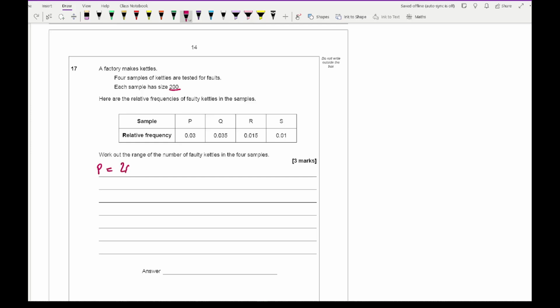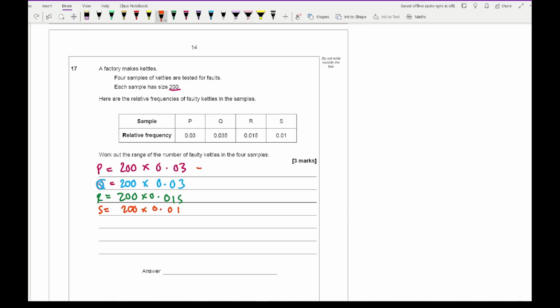So for P, it's going to be 200 times 0.03. For Q, it's going to be 200 times 0.035. For R, it's going to be 200 times 0.015. And finally, for S, it's going to be 200 times 0.01.